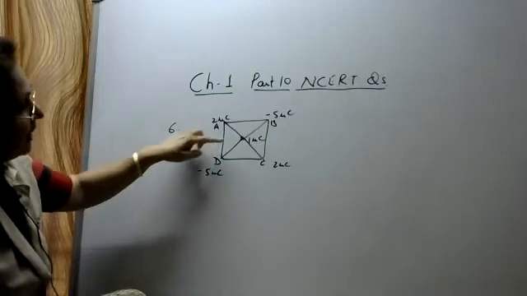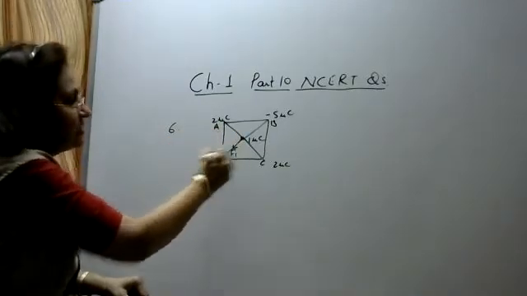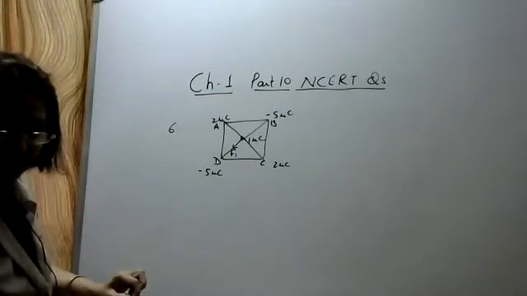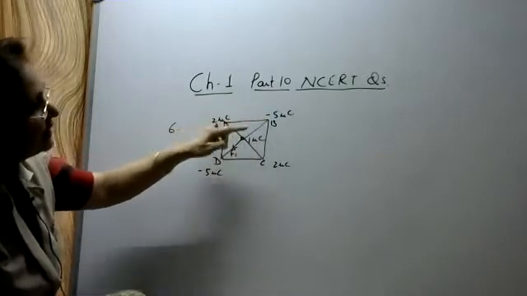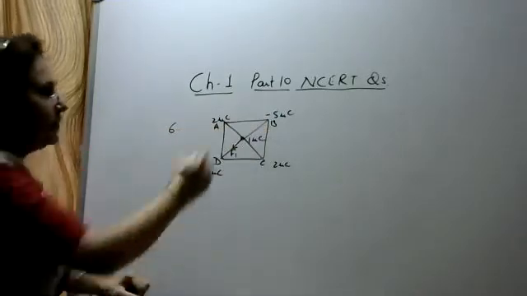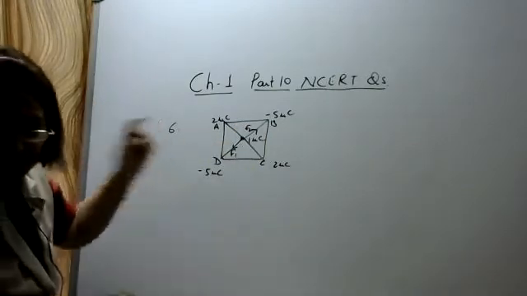This minus 5 microcoulomb and the 1 microcoulomb attract each other, with force F1. The 1 microcoulomb and the minus 5 microcoulomb at point B are also attracting, with force F2.